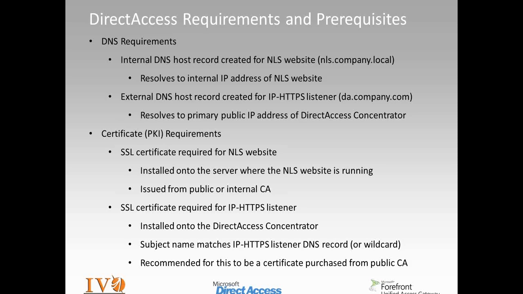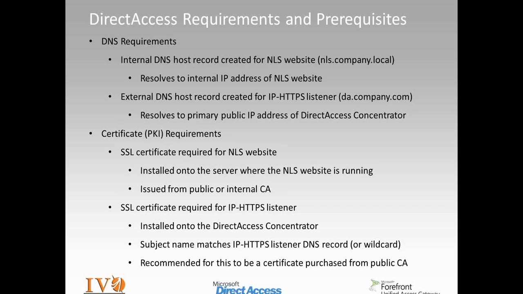So simple SSL there. We need another SSL certificate, the one that we just talked about, for the IP over HTTPS listener. This is a cert that gets installed onto the DirectAccess box itself because it's the one authenticating that traffic from the client computers. And this one needs to have a subject name that matches whatever the DNS record is that you chose for that public, or it can be a wildcard certificate.